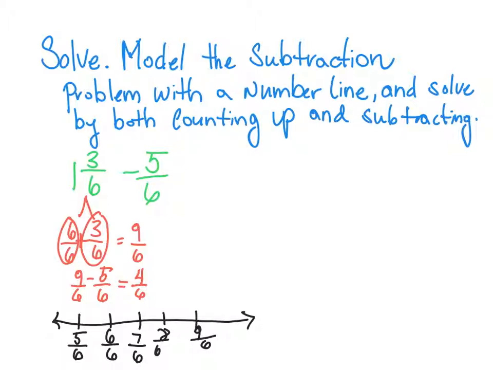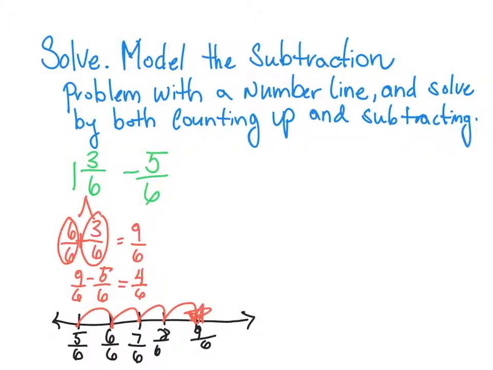Okay, now that we're at 9/6, we are going to show that we're starting at 5/6, and we're trying to end up at 9/6. 1, 2, 3, 4. So we're right here because we're at 9/6, and we went up 4/6 to get to 9/6. So that's one way of showing it.